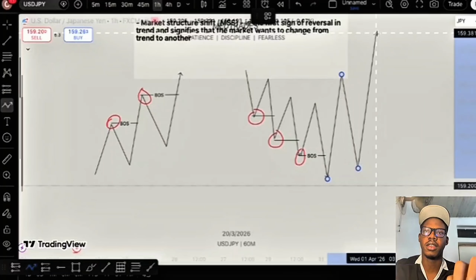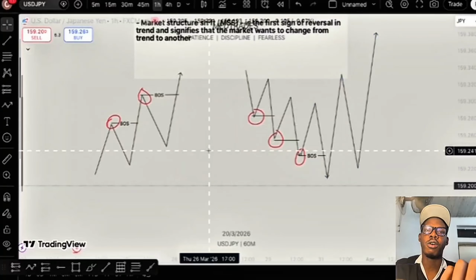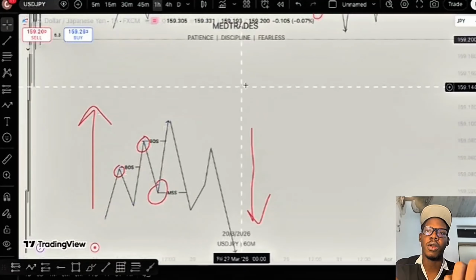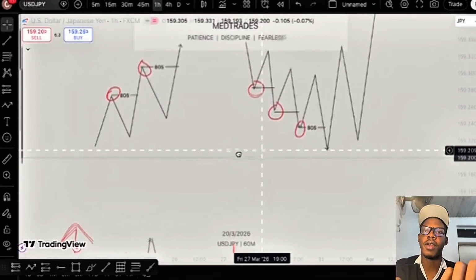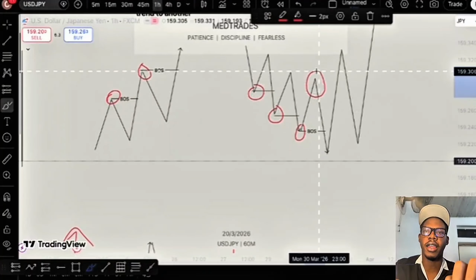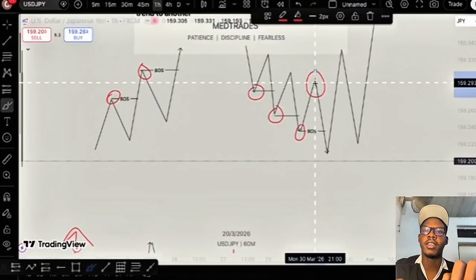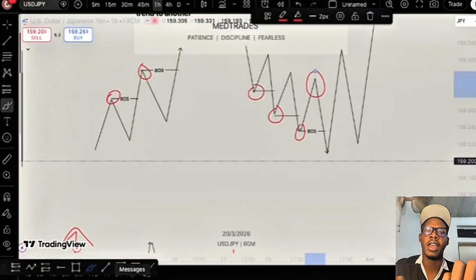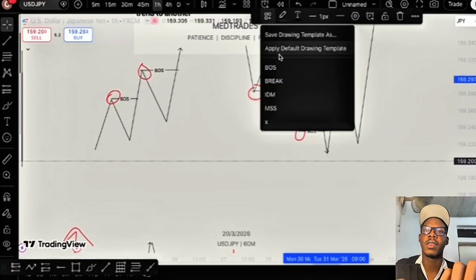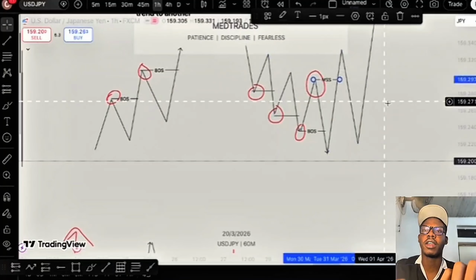Can you see? So for an uptrend, price is coming to take out the higher low. But for a downtrend, price is coming to take out the lower high. So price came here, took out this lower high, and it formed another market structure shift.